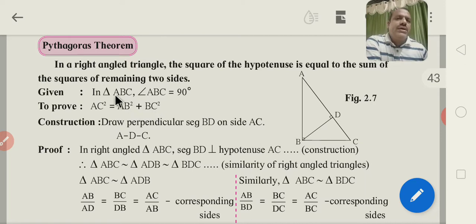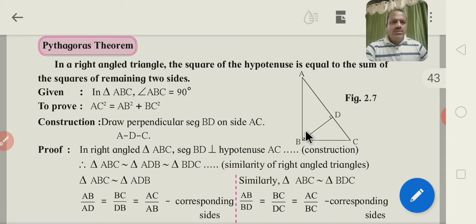Now in this theorem, what is to be seen in our diagram is written under given. Now in triangle ABC, angle ABC is equal to 90 degrees, meaning this angle B is 90 degrees.